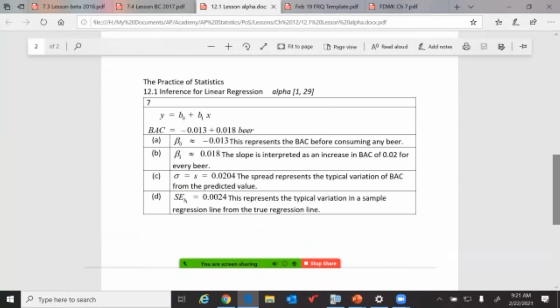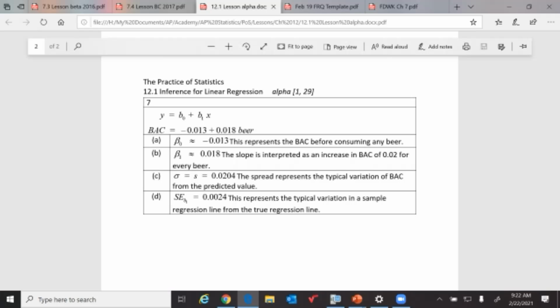Number 7, the blood alcohol content is the output. So you have negative 13 thousandths plus 18 thousandths per beer. The parameter is the blood alcohol content, which should be a 0.